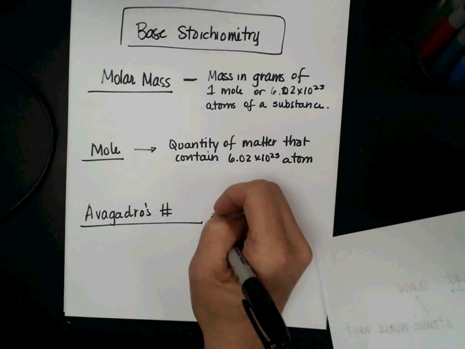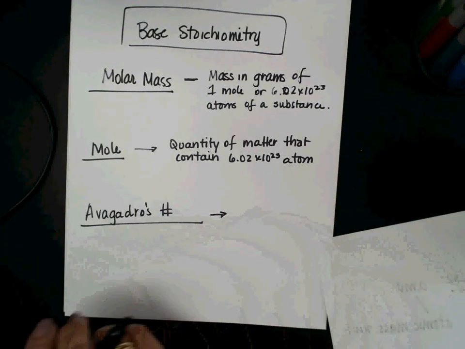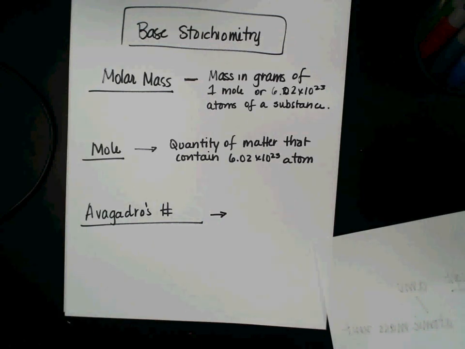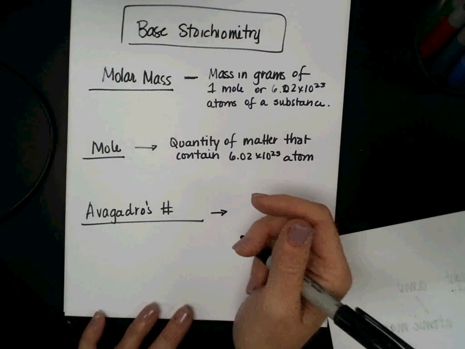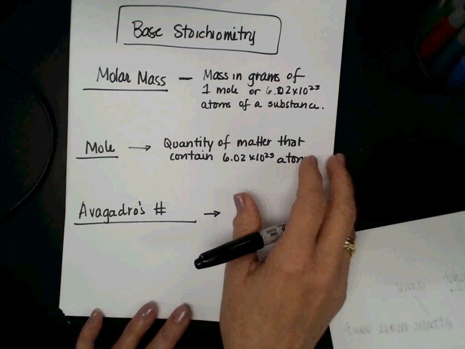So Avogadro's number then is, Drake, what'd you write down for Avogadro's number? I put 6.02 times 10 to the 23rd, the amount of hydrogen atoms it takes to make 1 gram. Well, yeah, 1 gram because it's hydrogen. Okay, so that's good. How can we say that so it applies to everything?